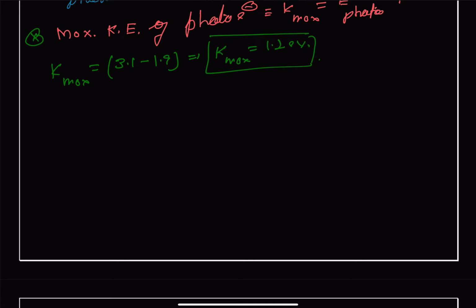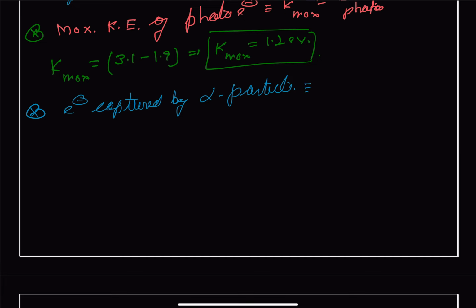So you can say the electron is captured by the alpha particle, and this combination results in the formation of He+, with atomic number 2, and this is nothing but a hydrogen-like atom. It forms an H-like ion.